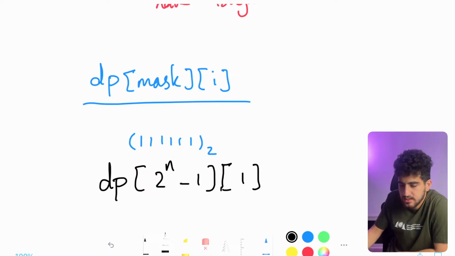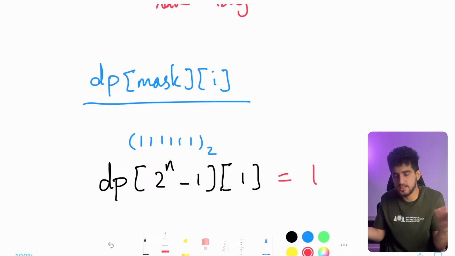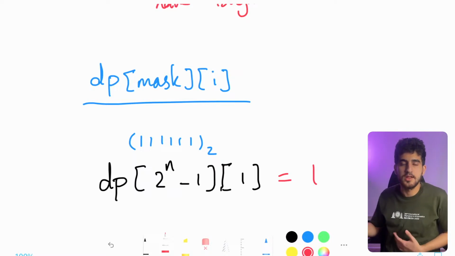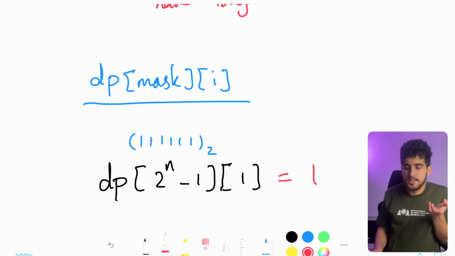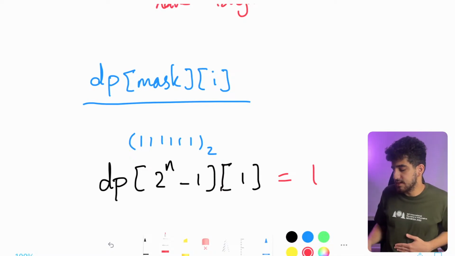What does this mean? It means that everybody has fought and person number 1 has remained alive. Now, what is the probability that person number 1 will be alive at the end? It's 1, because right now everyone has fought and person number 1 is alive. So this is our base case. The probability that person number 1 will end up being alive will be 1 in this case.